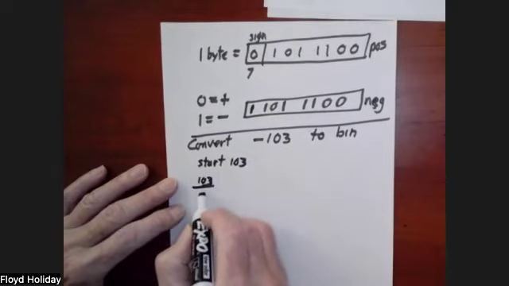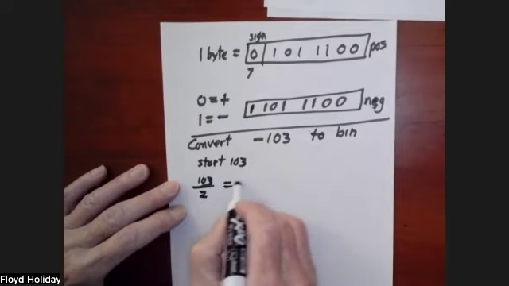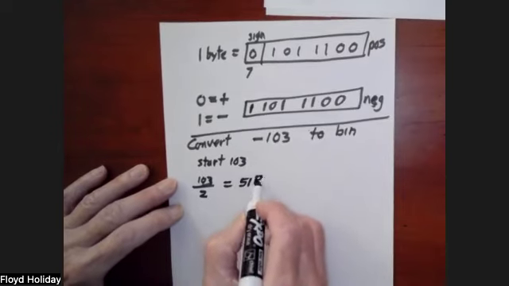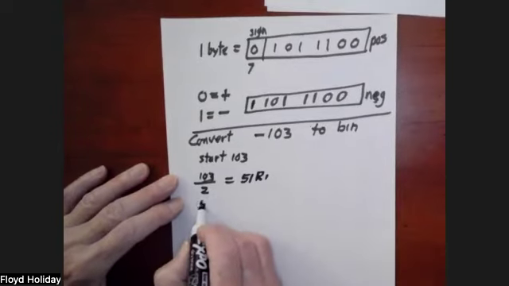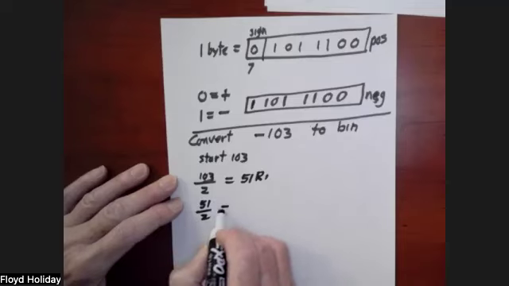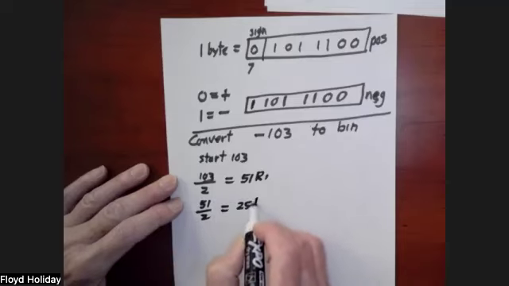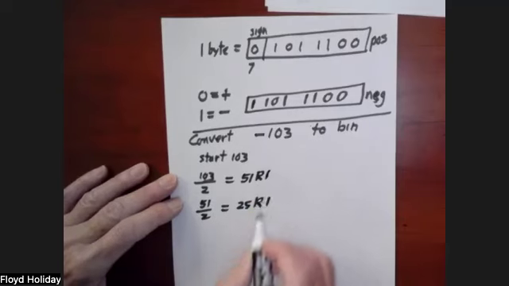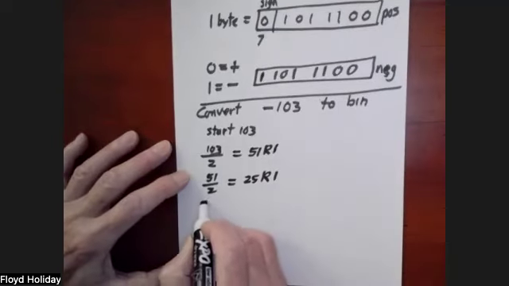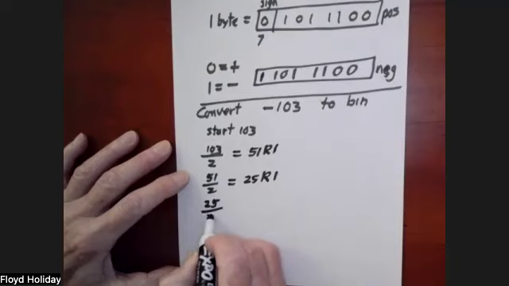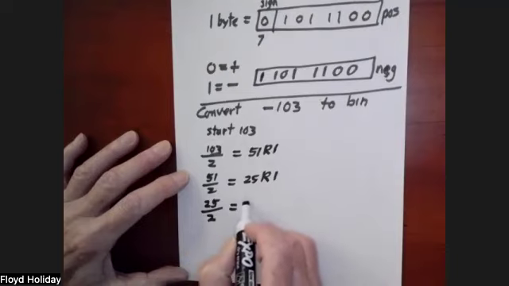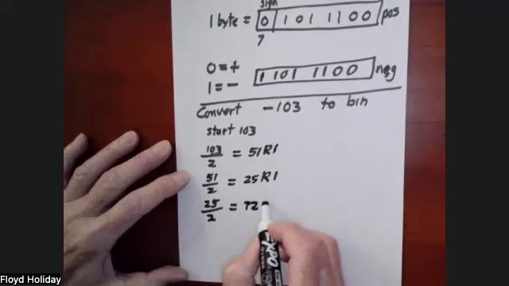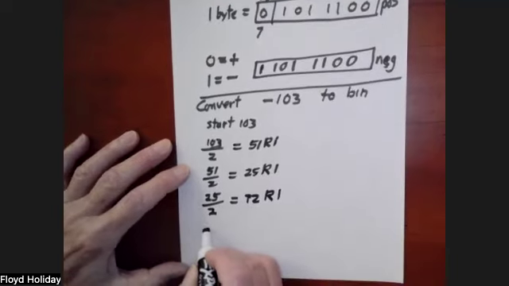103 over 2 is 51. 51 over 2 is 25. I'll try to speed it up. 25 over 2 is 12, remainder 1.